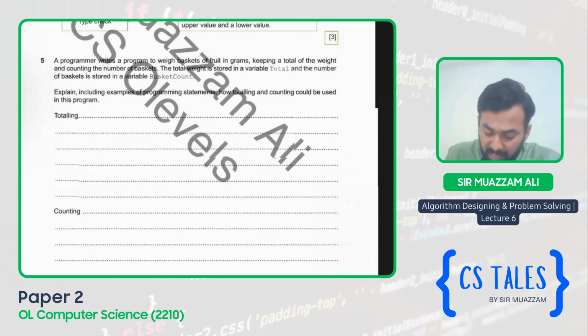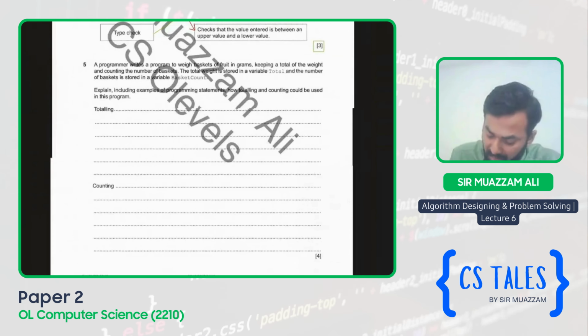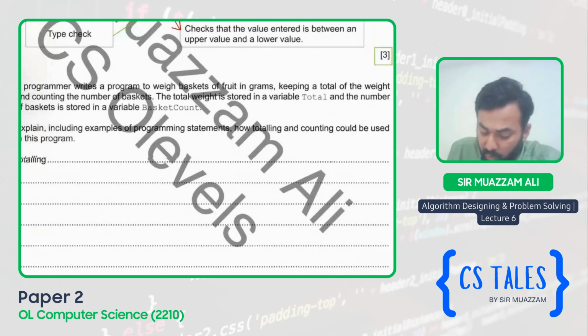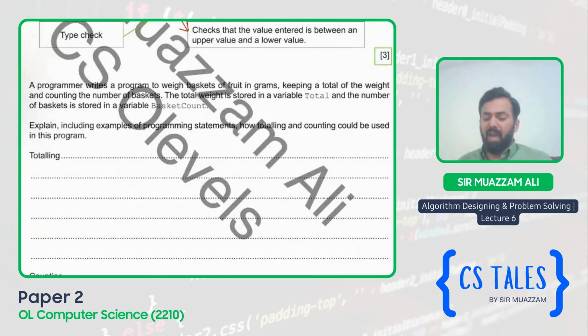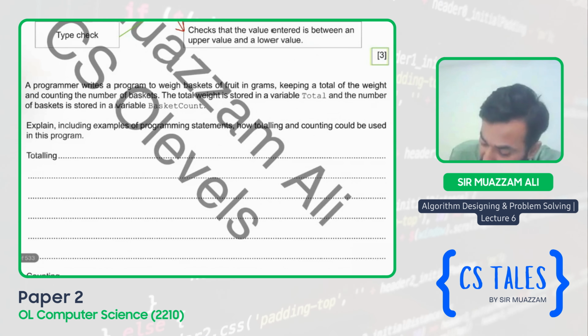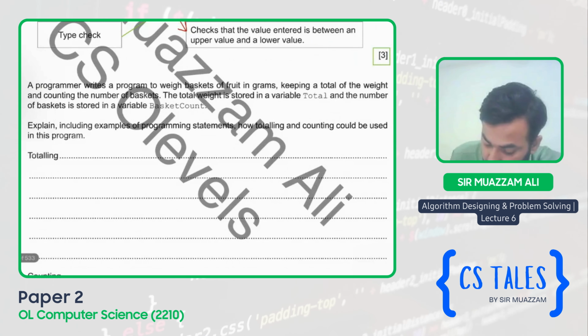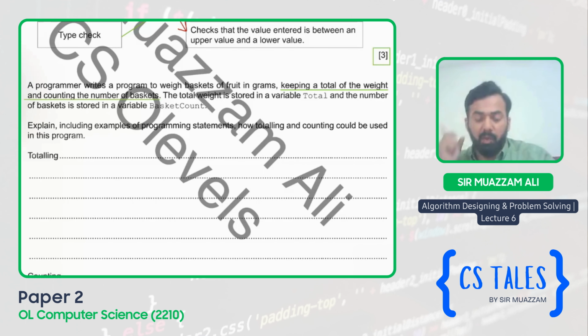So this is very important, the totaling and counting concept. We need to understand it first. A programmer writes a program to weigh baskets of fruit in grams. Keeping a total of weight and counting means keeping a total and counting the number of baskets.